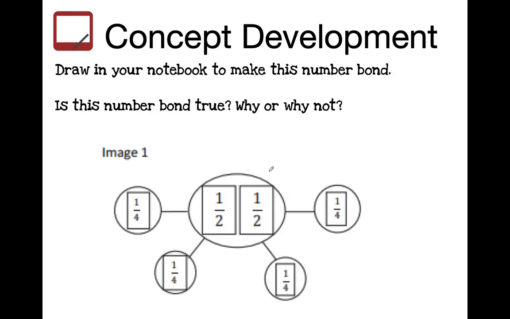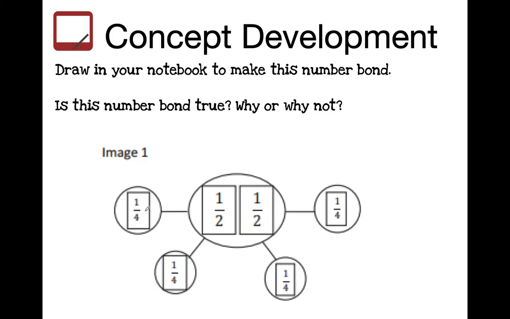Now, in your notebook, I do want you to draw this number bond. And I want you to think, is this number bond true? Why or why not? Now we have to think, how many legs do they have? And then what is our whole? What is our total right here?